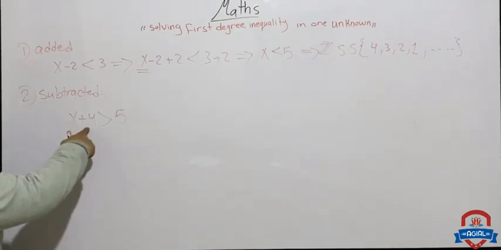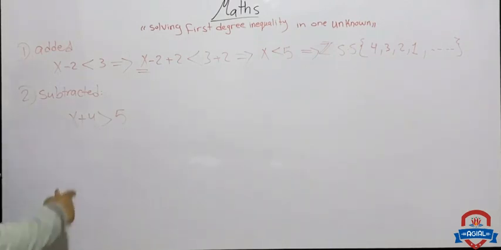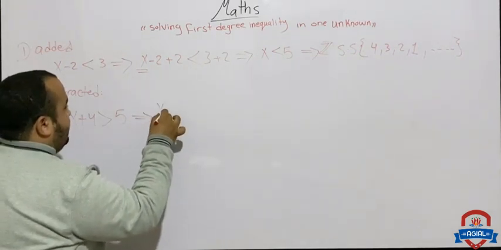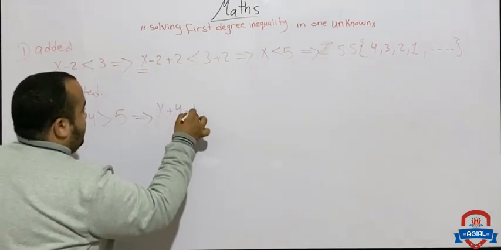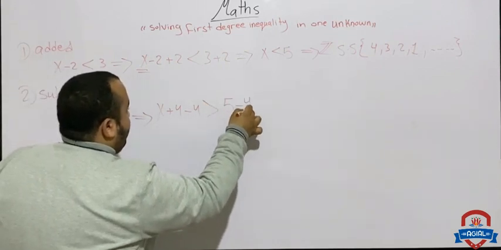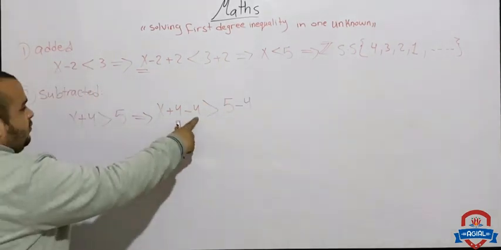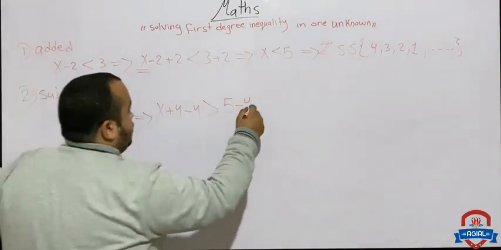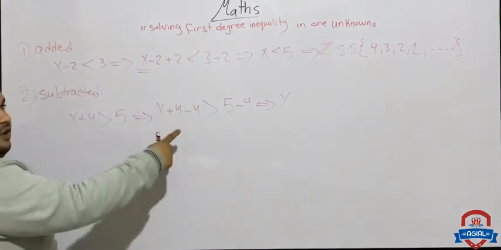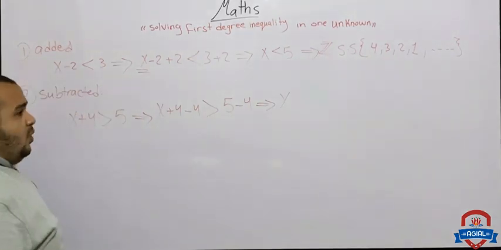So we need to subtract the number 4 from both sides. So the left hand side equals x plus 4 minus 4, greater than 5 minus 4. 4 minus 4 equals 0, so the left hand side equals x, and 5 minus 4 equals 1.